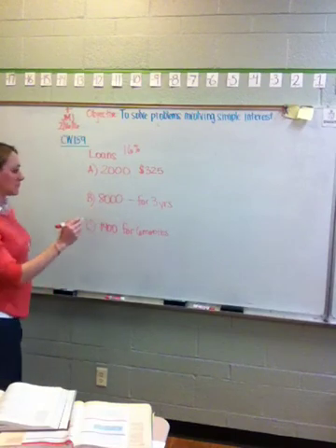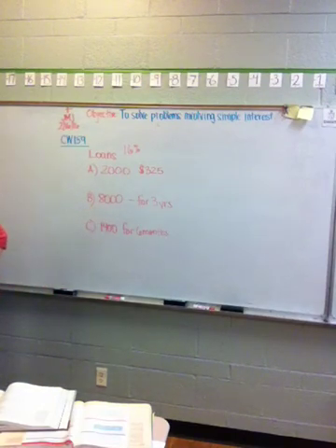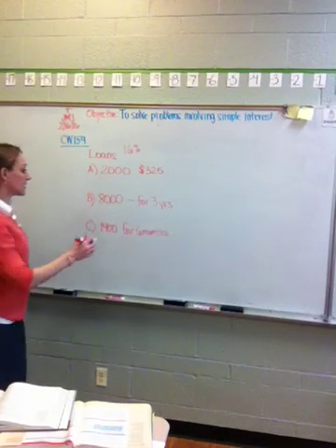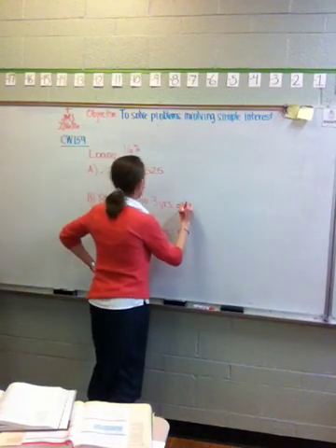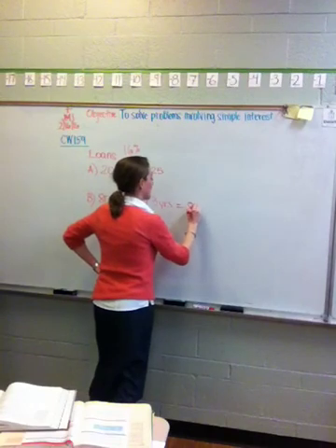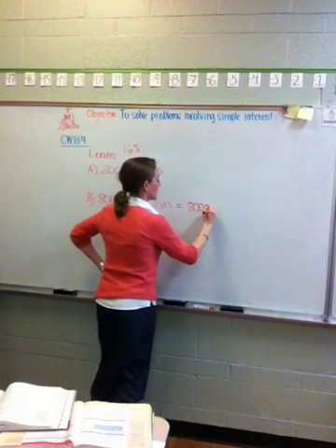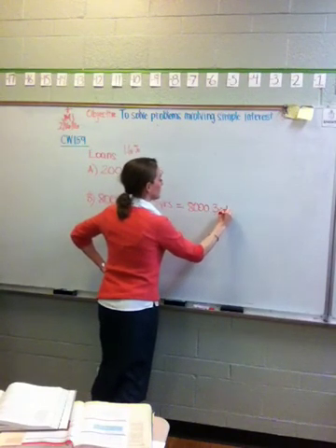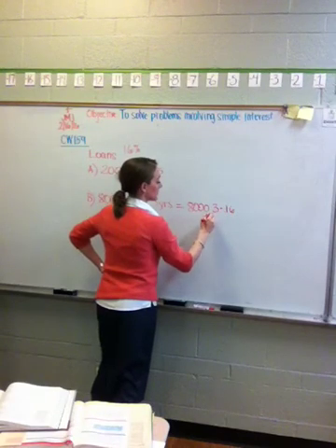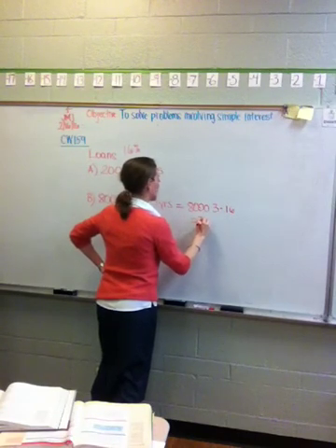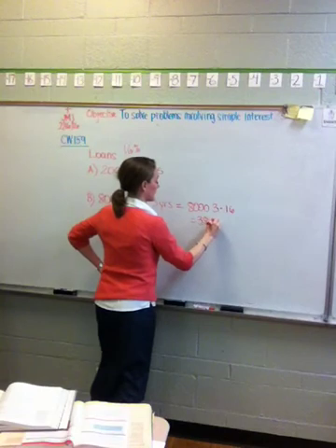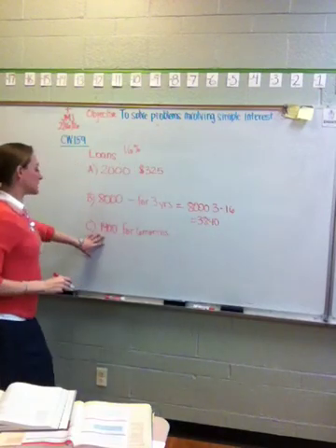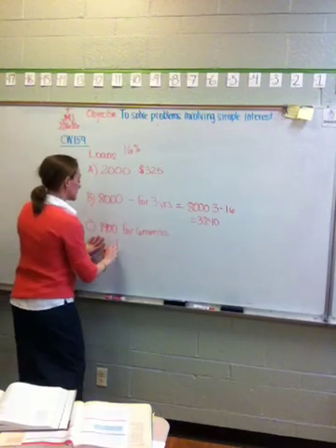I did 3 times 0.16, and then I multiplied that by 8,000. Good job. So Sophie went ahead with 8,000 times 3 times 0.16. Is that what you did? Yeah. And then you got 3,840? That'll work.